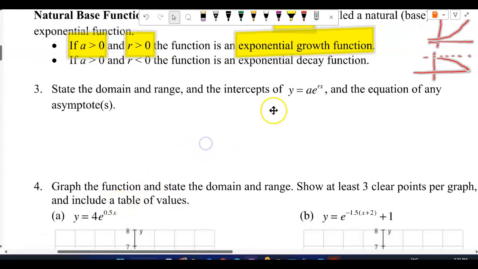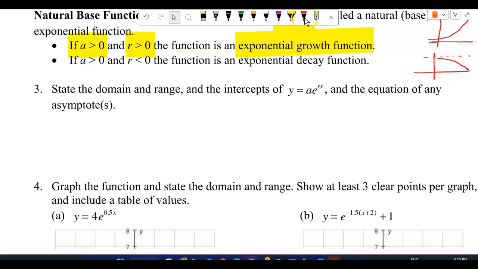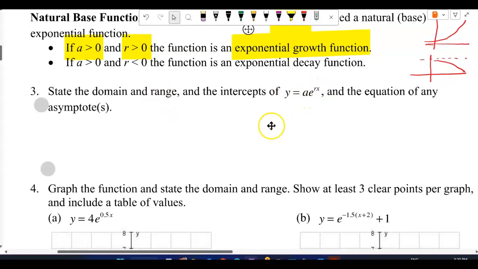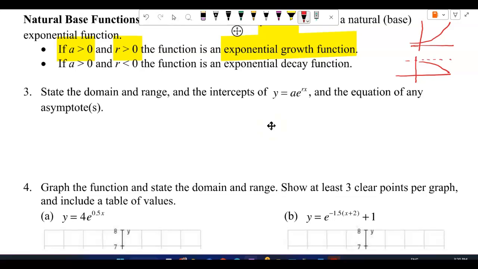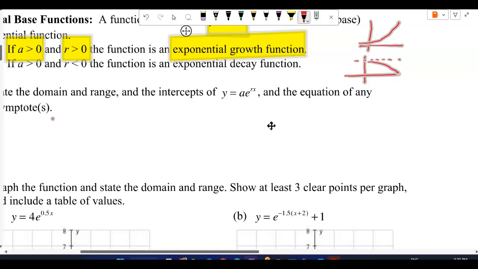State the domain and range and the intercepts of y equals a e raised to rx, and an equation of any asymptotes. So we do the graph. This will have a horizontal asymptote.